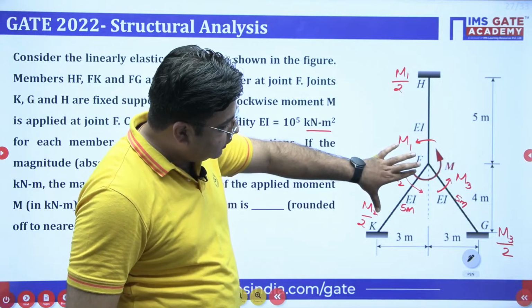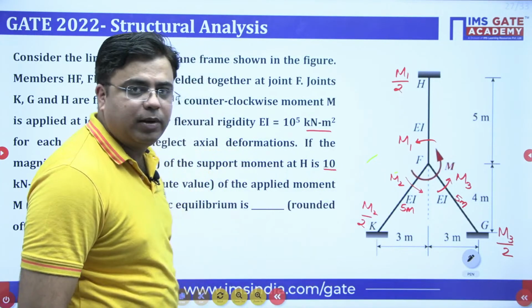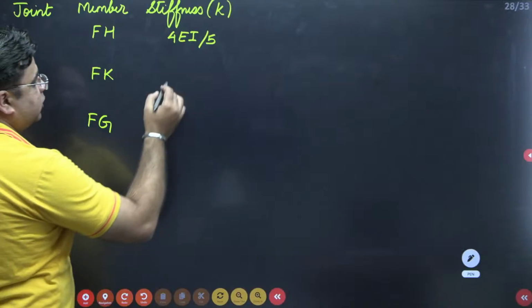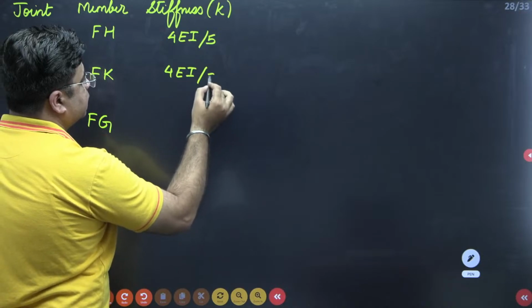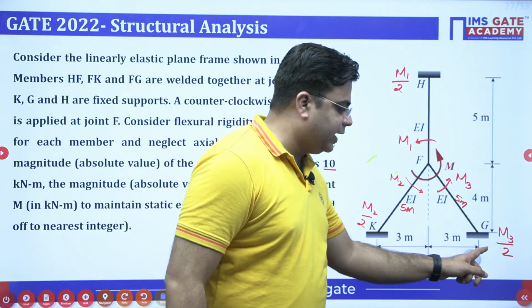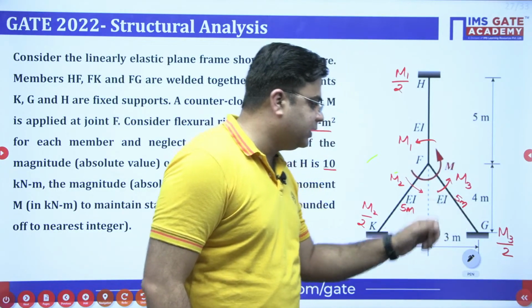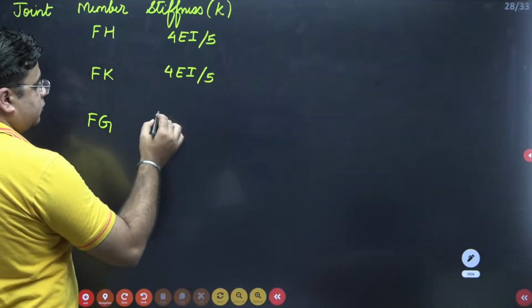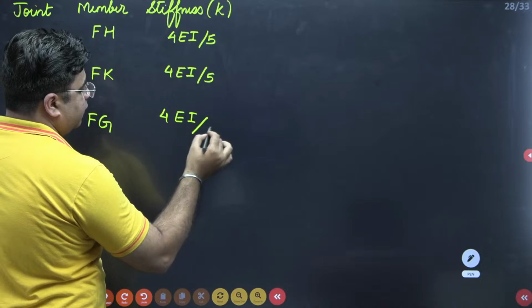So your stiffness will be 4 EI divided by length of the member, which is again 5. So this is also 4 EI by 5. When you look into the member FG, again the far end is fixed. So stiffness will be 4 EI by length of the member. So length is 5 meters. So this is again 4 EI by 5.